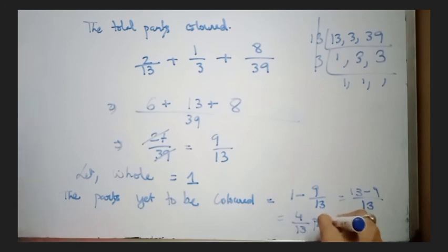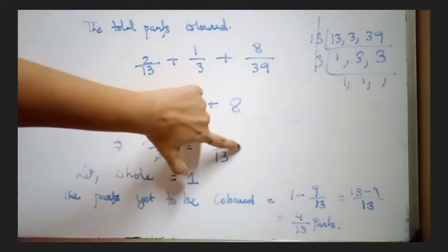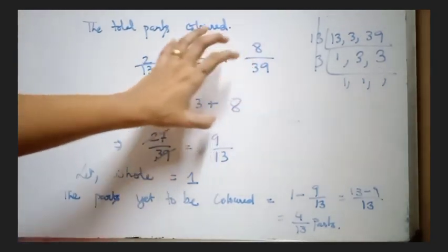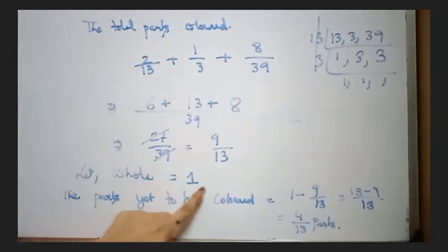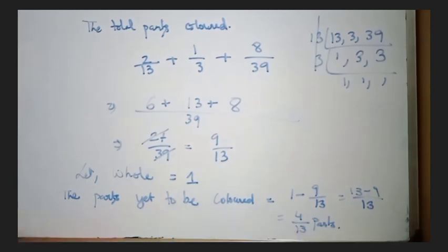These parts are yet to be colored. This part has not been colored, and this part has already been colored. This is the sum of the 3 colors, and we have taken the whole as 1, and we have to find the part which is yet to be colored, that is 4 by 13. So we have done till number 4, page 103.